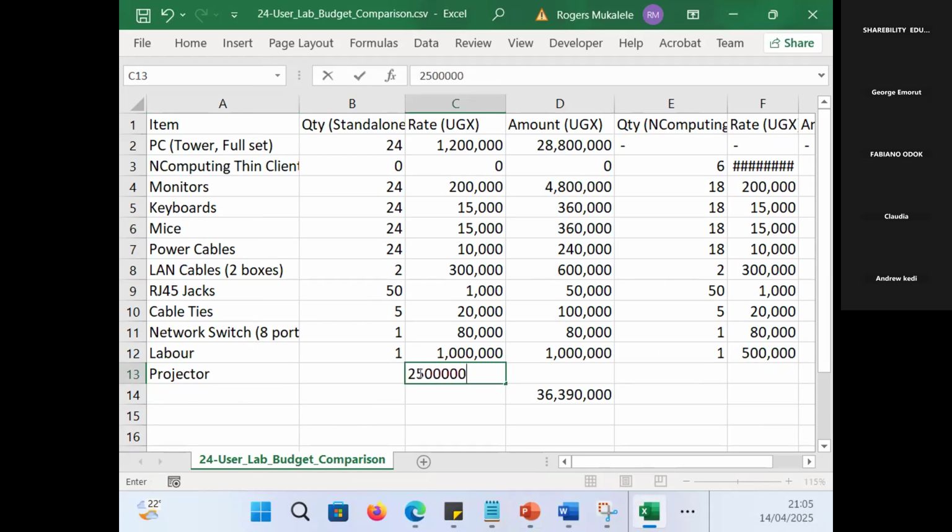Okay, Epson projector, I need one. So I come to 38 million. So just in total, I will look at 40 million because even a printer is not here yet. I'll look at least 20, and even furniture is not here, and other things, but at least I can have this.